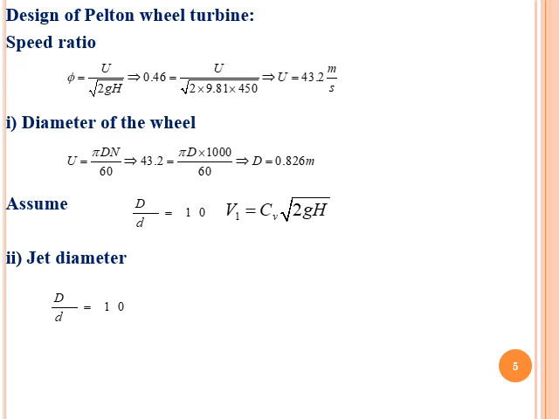We know the diameter of the wheel is 0.826 meter. By using these relations, the diameter of the jet, small d, equals capital D, the diameter of the wheel, divided by 10. With respect to that, the diameter of the jet is 0.0826 meter.